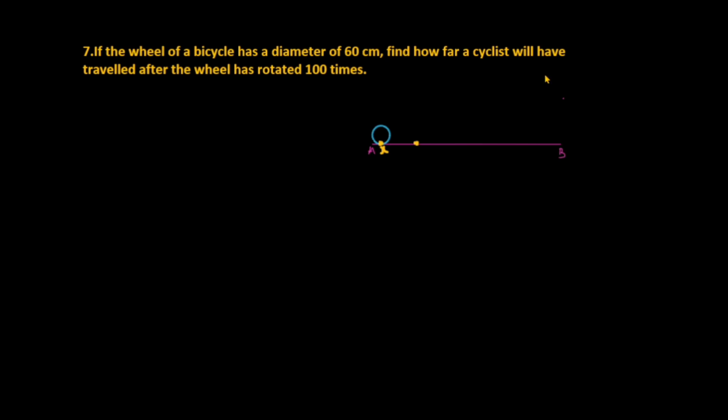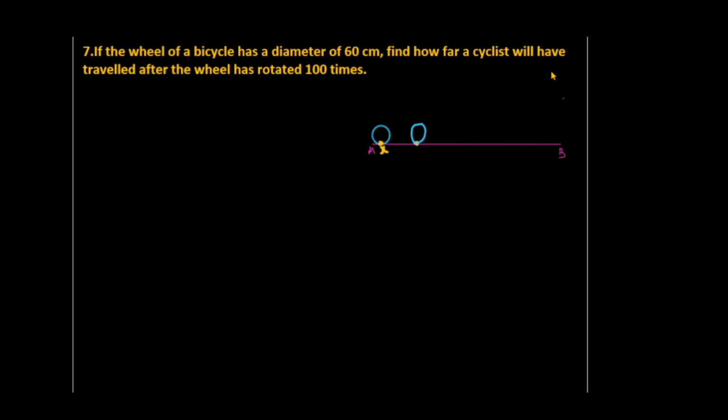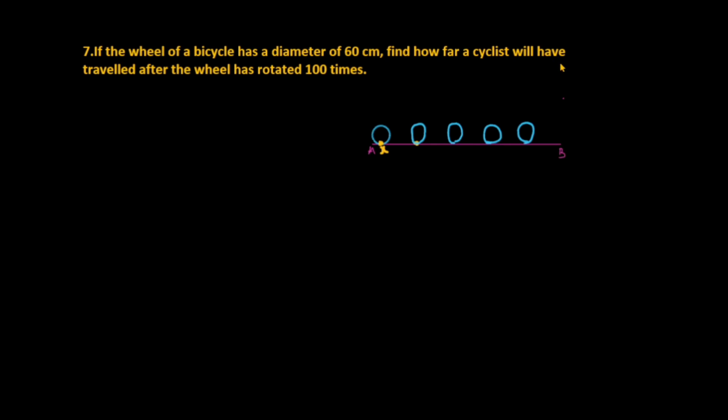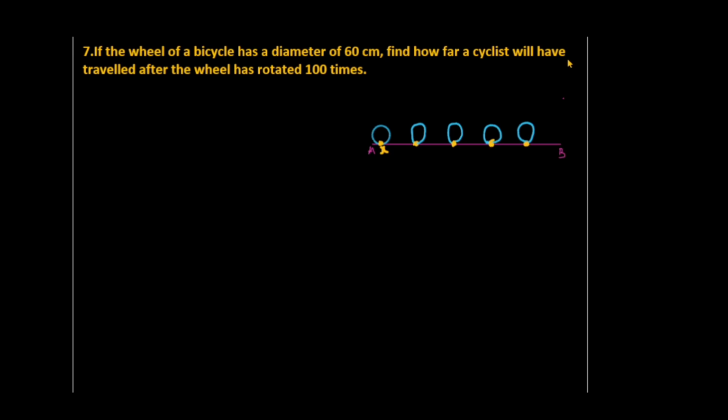Once again we see the position of the wheel here. Then the second time again the wheel moved and we see the position of the wheel like this. After one rotation, this is X point, this is X point, this is X point, means the wheel can cover the distance.